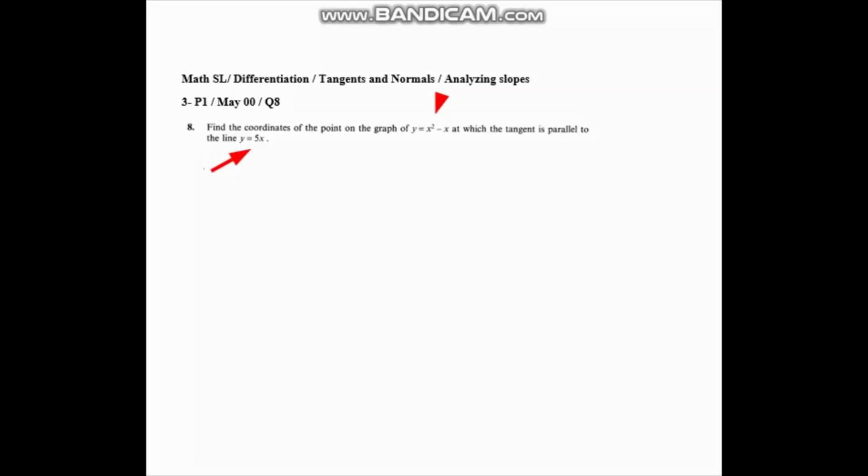So from that you should deduce that this tangent that they are referring to has the same slope as this line right there. And the slope here is 5 because this is y equals mx plus c or plus b. So y equals mx plus b, then the number next to the x is the slope. Hence the slope here is 5. Let's take a look at the answer.